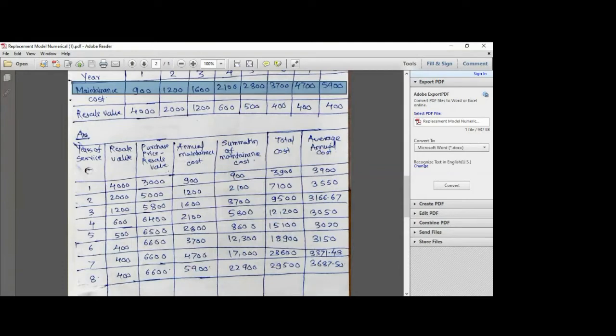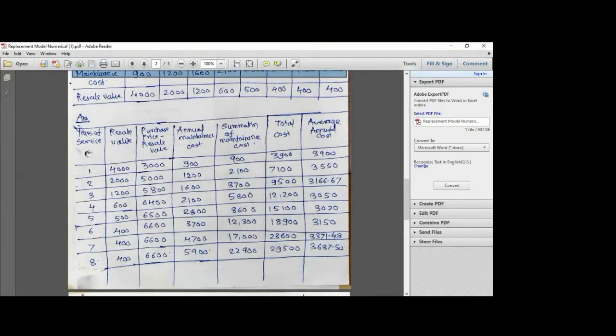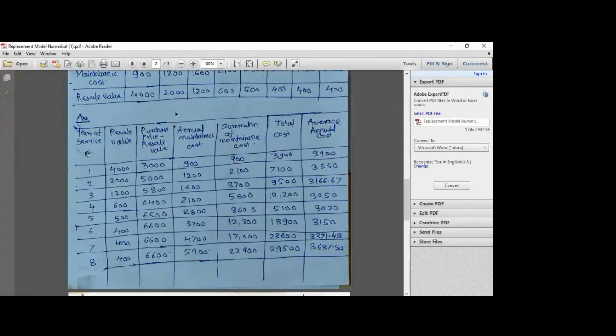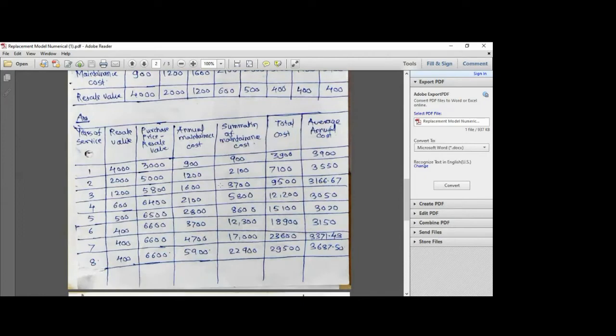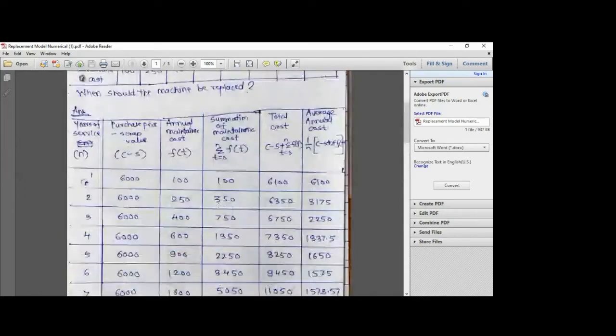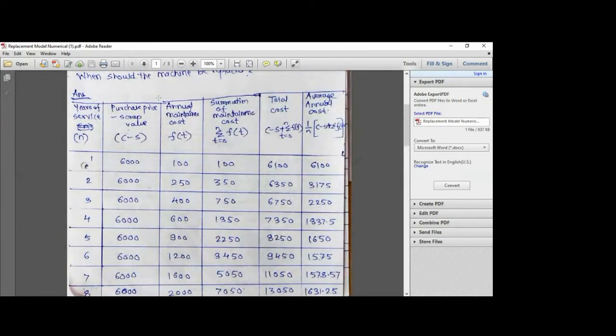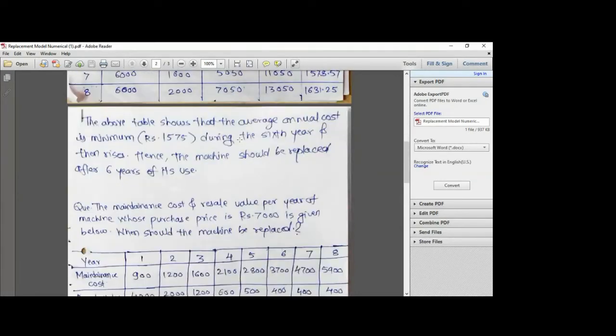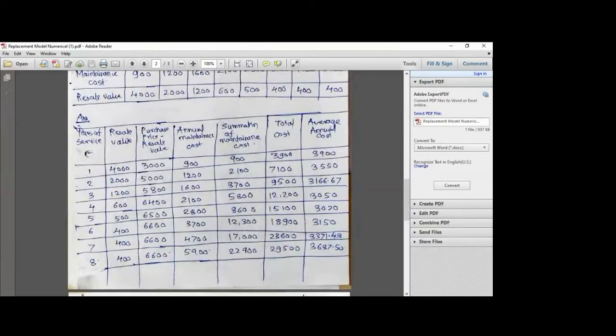So the annual maintenance cost for the years under consideration is represented in this column, right? After that, we are going to consider the summation of the maintenance cost, which we have also done earlier. So we had annual maintenance cost, and then we had summation of the maintenance cost. The summation of the maintenance cost is going to be done now.